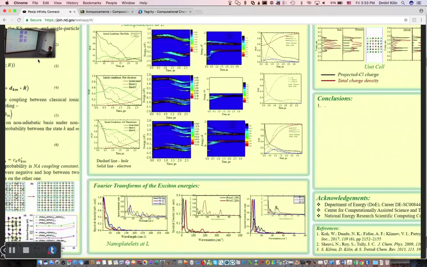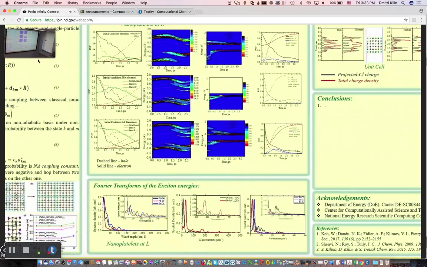And so what is the importance of these vibrations? This vibration is indirectly related to the fluctuation of the band gap. So I take a look at the frequency of the band gap fluctuations.